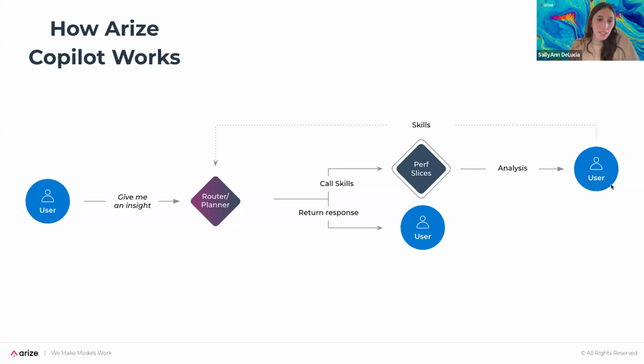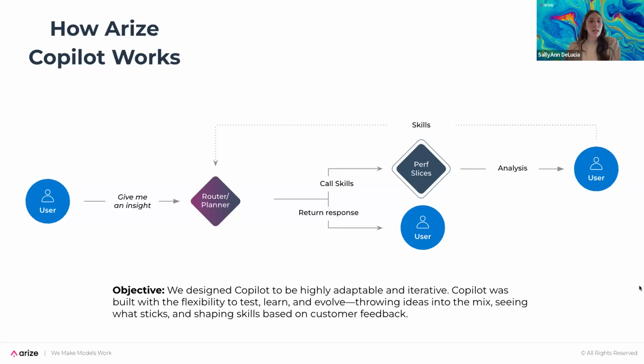I also want to highlight an objective here: when it came to designing Copilot, we designed it to be highly adaptable and iterative. We built it with the flexibility to test, learn, and evolve. We were throwing ideas into the mix, seeing what sticks, and then shaping skills based on customer feedback.